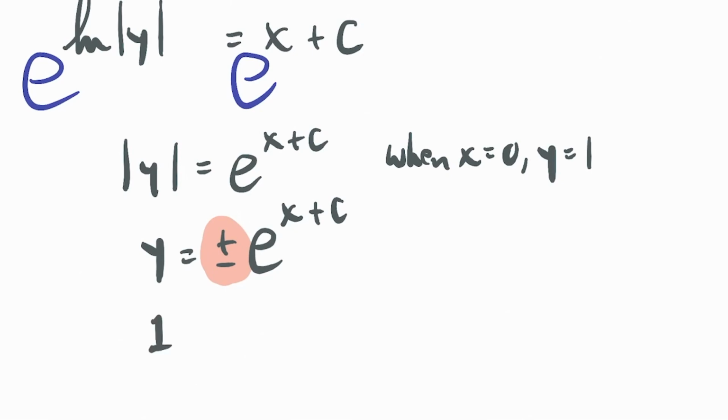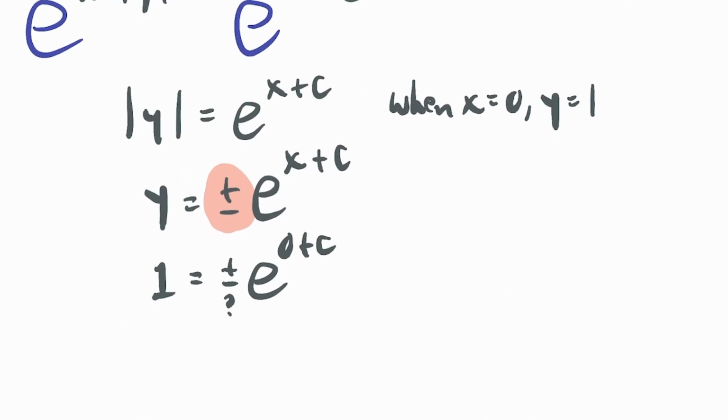So 1 equals plus minus question mark e to the 0 plus c power. Well, 1 is positive, right? And e to whatever is always positive. An exponential function can't produce a negative result. So that means that we actually don't need that at all. Y is just e to the x plus c power.